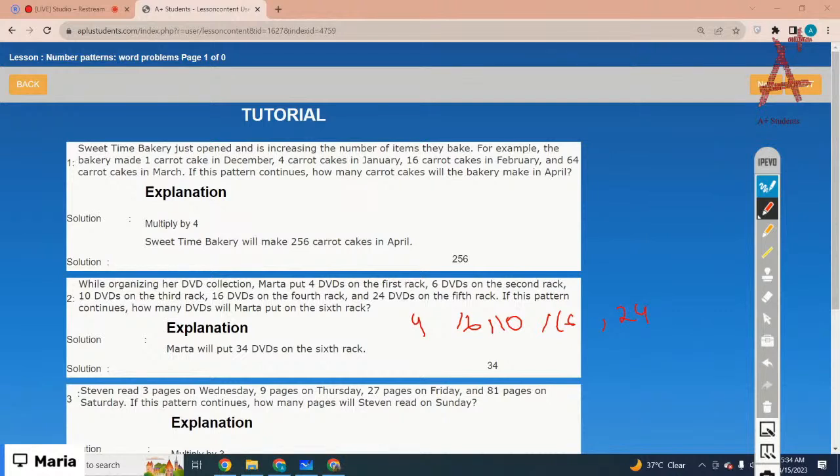So just find the pattern and find the next number. 4 plus 2 is 6. 6 plus 4 is 10. 10 plus 6 is 16. And 16 plus 8 is 24. For the next one, you have to add 10, right? So the next one would be 34.